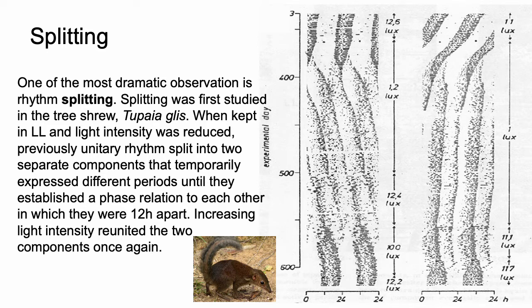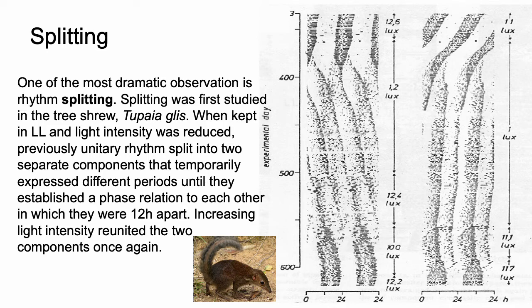You can see that the one that comes off to the right seems to have a tau greater than 24 hours. It seems to have a delay. And then when that second rhythm first split, it actually looks like it's got a bit of an advance, so it would be less than 24 hours. But then they eventually run parallel to each other 12 hours apart, right?